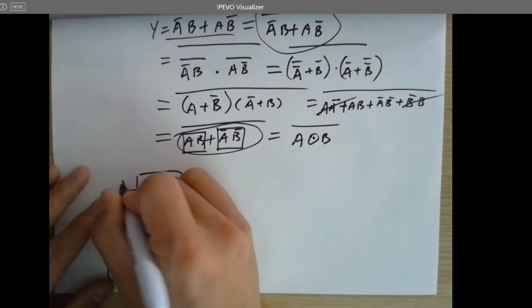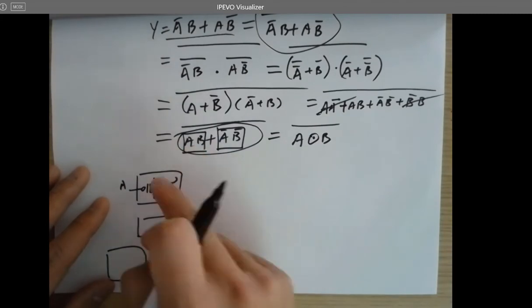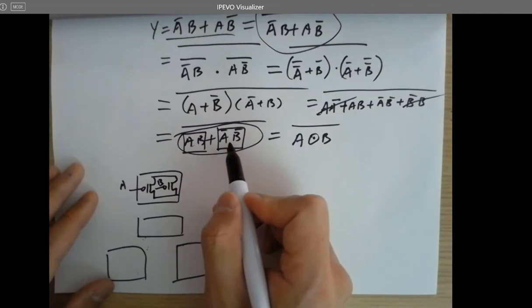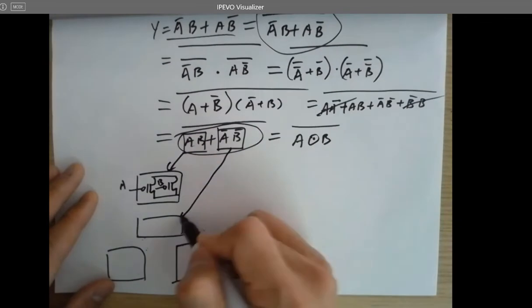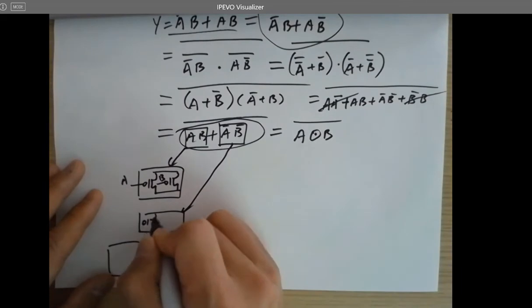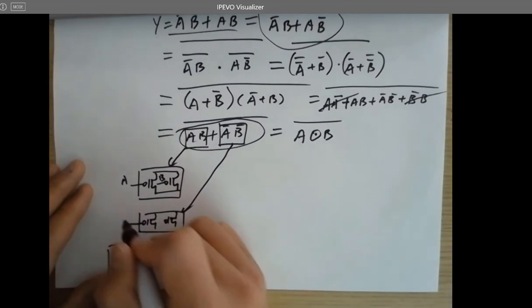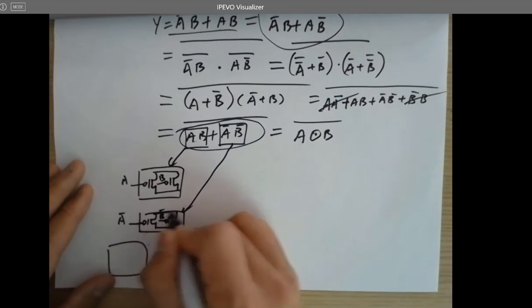This is A, this is B, because this is AND logic, so these two PMOSes should be in parallel. What about this box? Because this box is this box, and this box is this box, right? Same. In parallel.